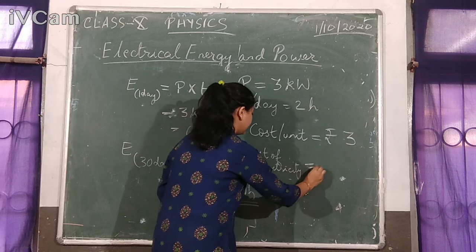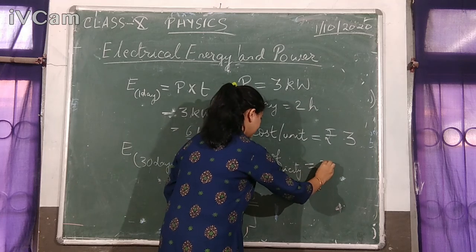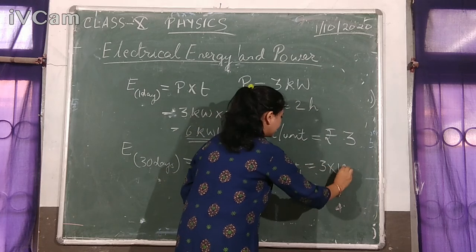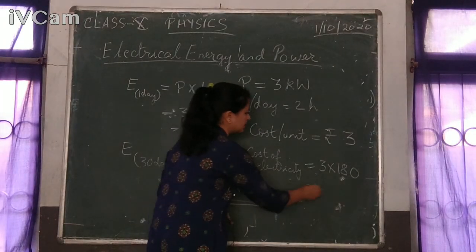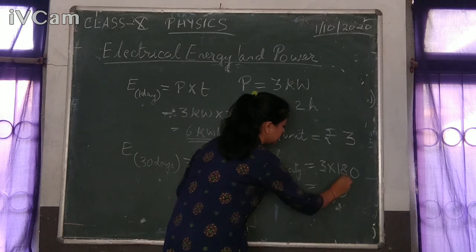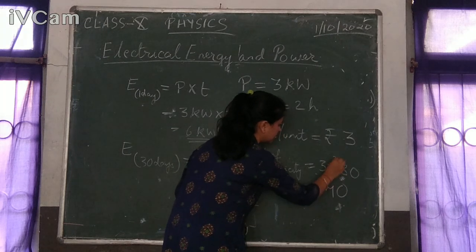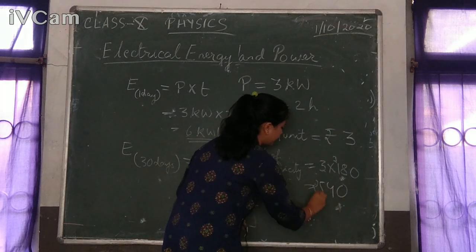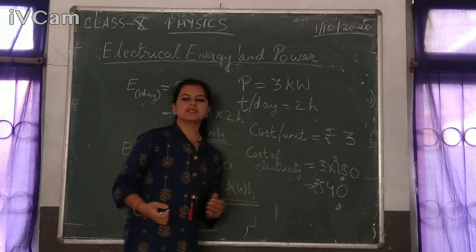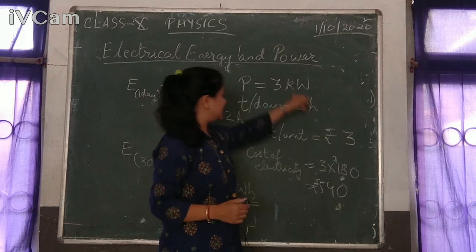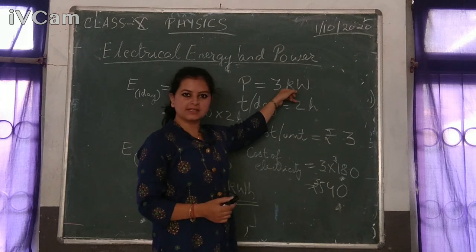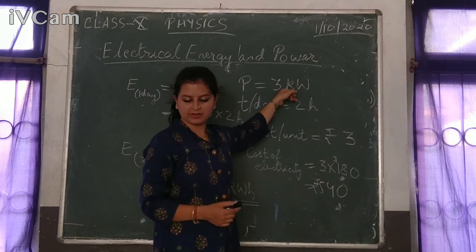It will be rupees 3 into 180, so it is rupees 540 you're paying for using the oven for 2 hours a day. The cost is quite high because the rating is quite high. 3000 watt is the power rating of this particular appliance.